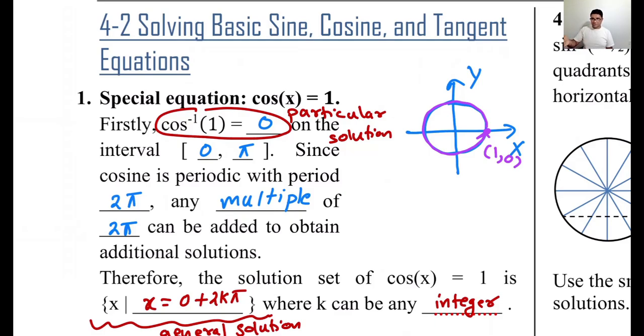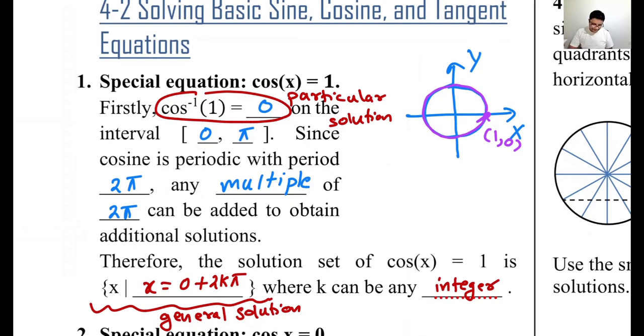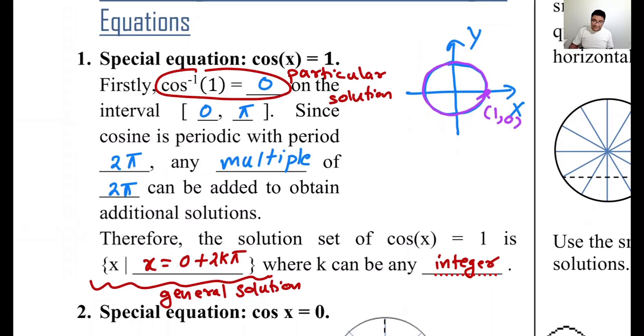So plus 2 pi, or you could go clockwise and say minus 2 pi. That's how at every multiple of 2 pi, you get the same value again. So this is a special equation. You might say, isn't that true for every other angle? Yes, it is, but there is more to the story, which you'll understand when we look at other angles.